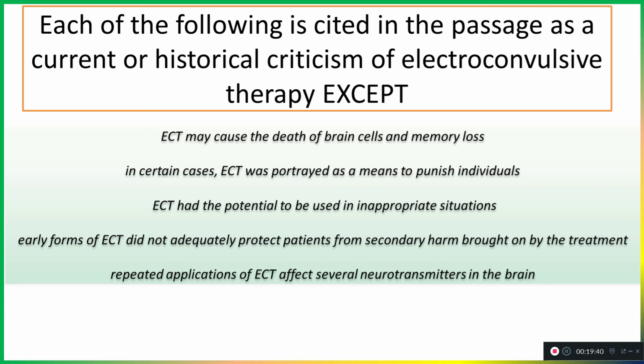It is mentioned, but it is not a criticism. They haven't said that it's a problem. They're simply saying that yes, ECT affects several neurotransmitters in the brain. Now, this is where, guys, we have to realize what exactly the question is asking from you. Next one.